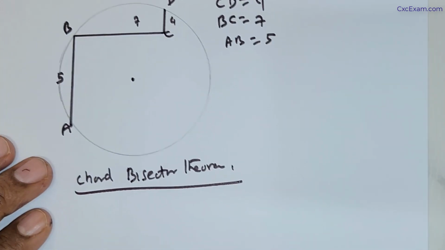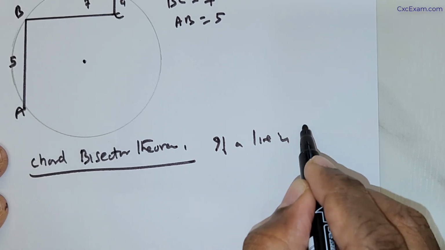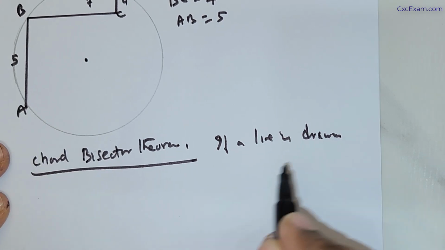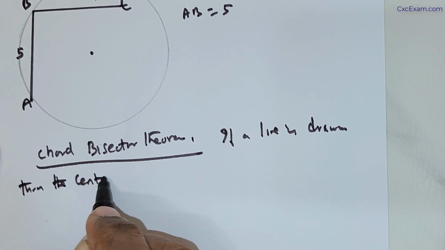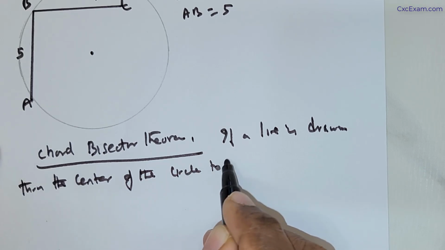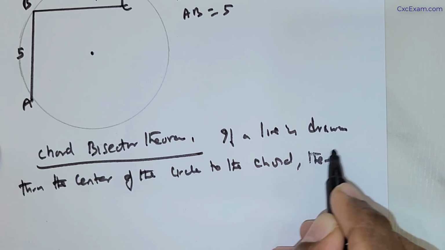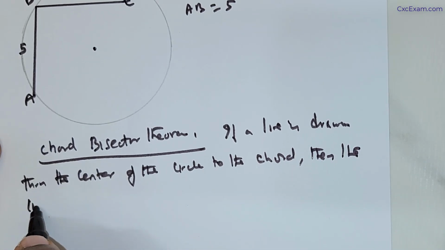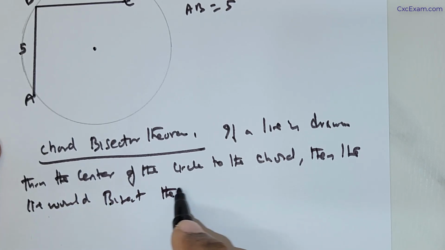So what does the theorem state? If a line is drawn through the center of the circle to the chord, then the line would bisect the chord.